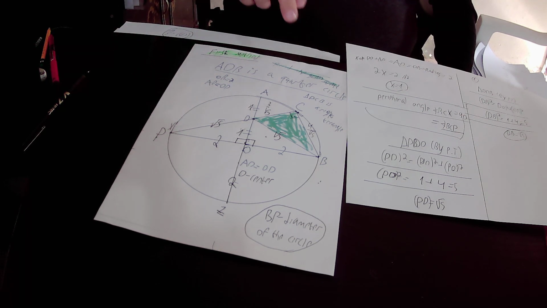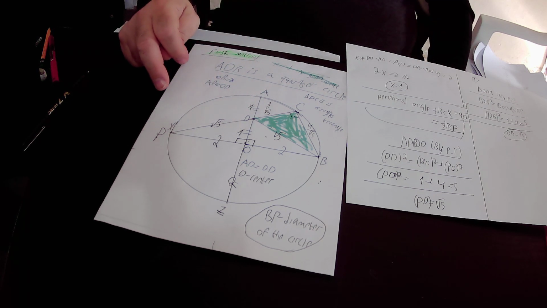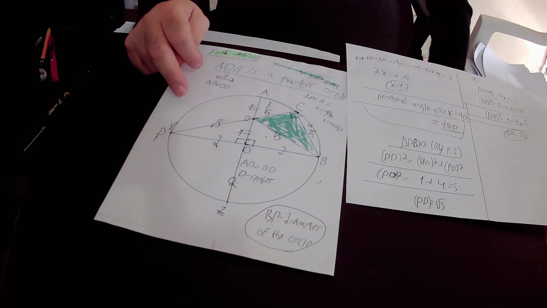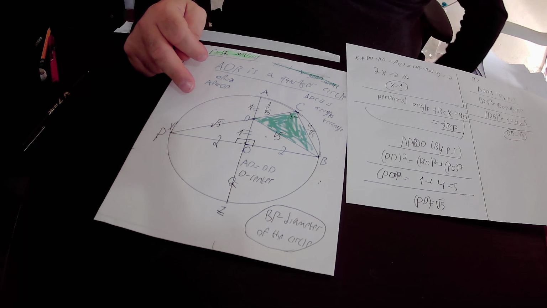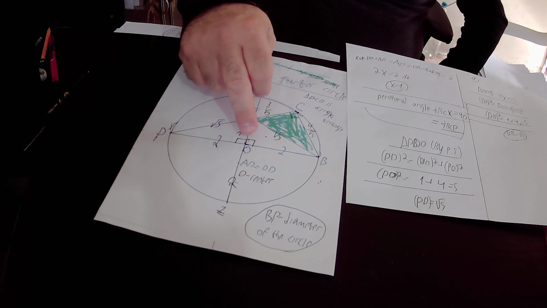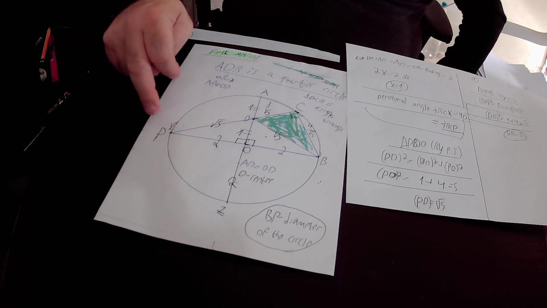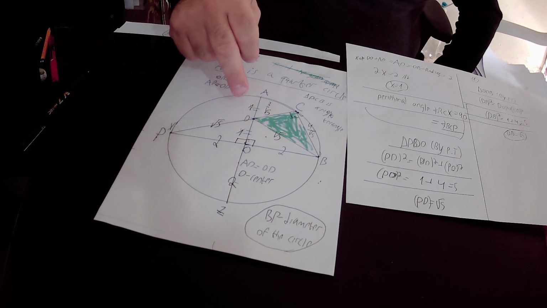Okay, so we know that BP is the diameter of the circle, that is to say it is absolutely a straight line, and we know that the sum of the angles on one side of a straight line equals 180 degrees. So if we focus on the upper side of the straight line BP at point O, then the sum of the angles must be equal to 180 degrees.